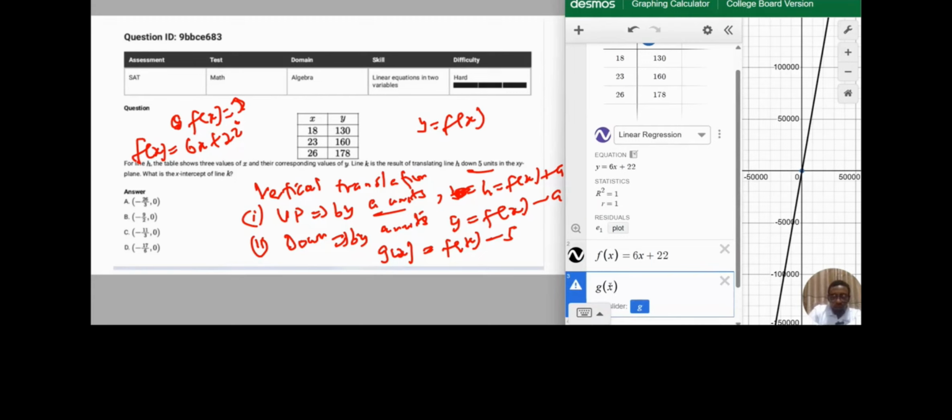Our new function g of x is now f of x minus 5. This is my g of x, the red graph. My f of x is the blue graph. The y-intercept for the blue graph is 22, the point (0, 22), while the y-intercept for the red graph is actually 17.